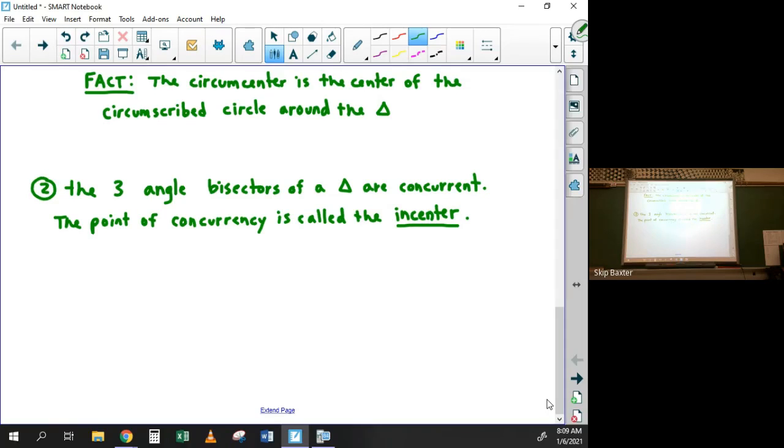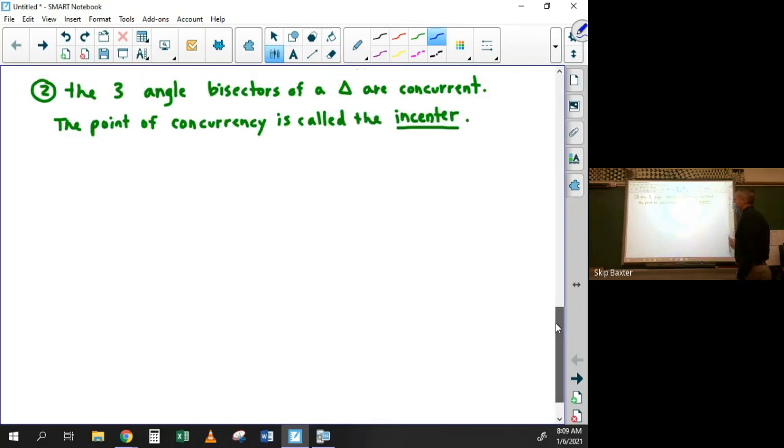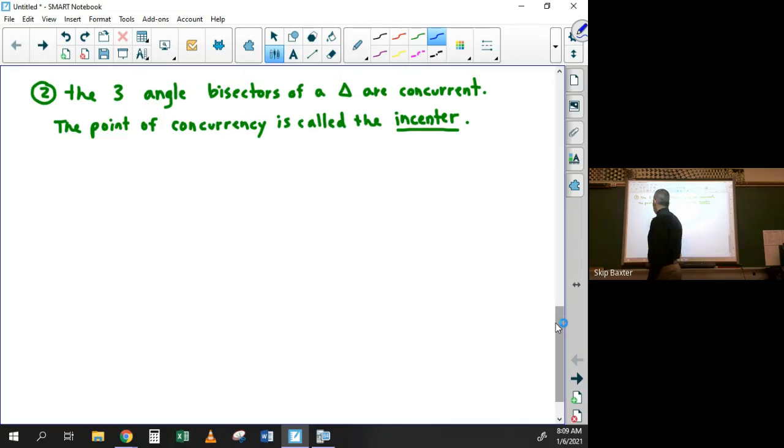Okay, so we have the circumcenter, which is the intersection of the perpendicular bisectors, and we have the in-center, which is the intersection of the angle bisectors. So if I draw a picture, there's a triangle right here.